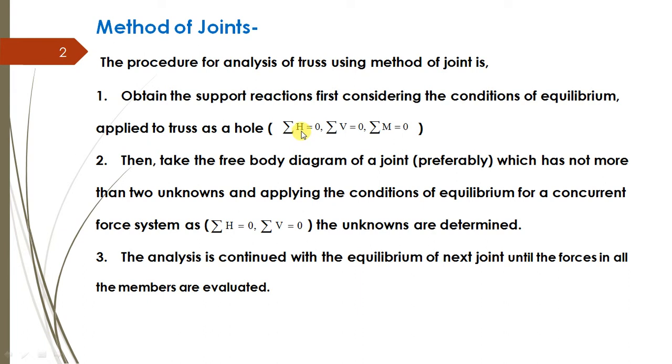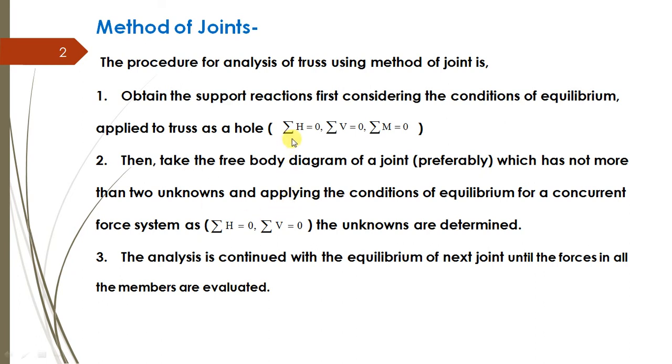Second condition of equilibrium, summation of Fy is equal to 0, and summation of moment about any point or at any joint of the truss is equal to 0. So after applying these three conditions of equilibrium, you first find out the support reactions. Okay, got it? First find out the support reaction by using the condition of equilibrium.